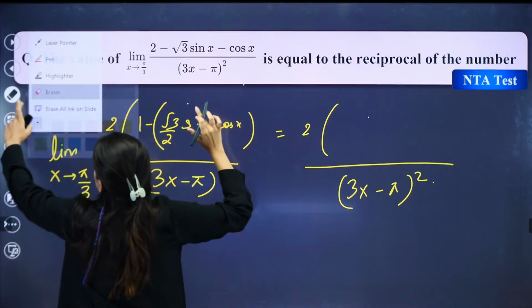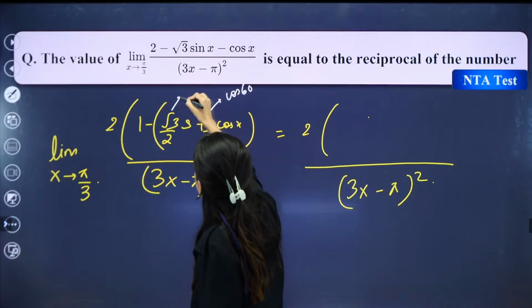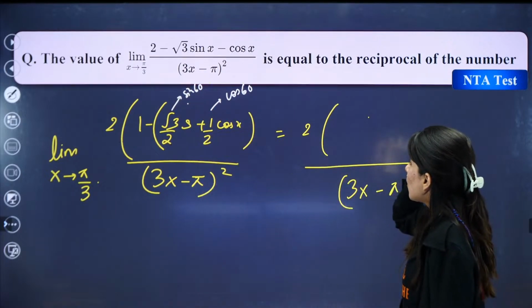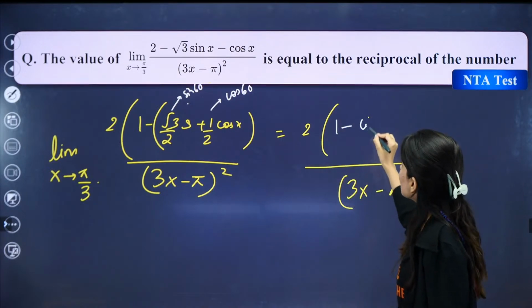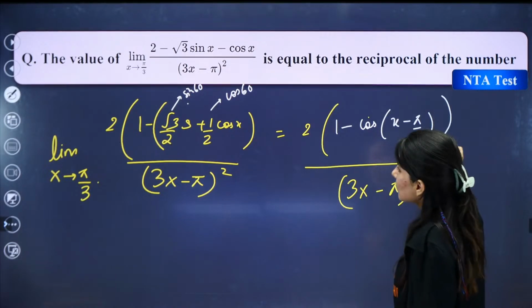I am making some mistake. So this is cos 60 and this is sin 60, if I'm not wrong. Now it's fine. So this is cos A cos B plus sin A sin B, so this is 1 minus cos of A minus B, so x minus pi by 3.